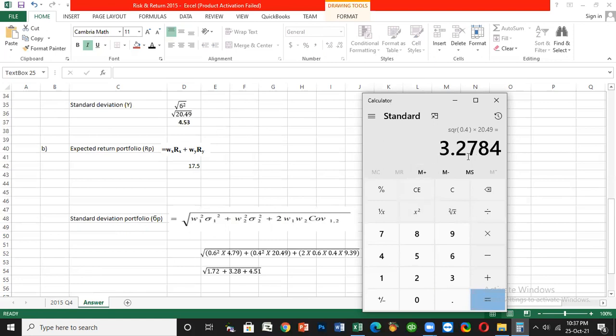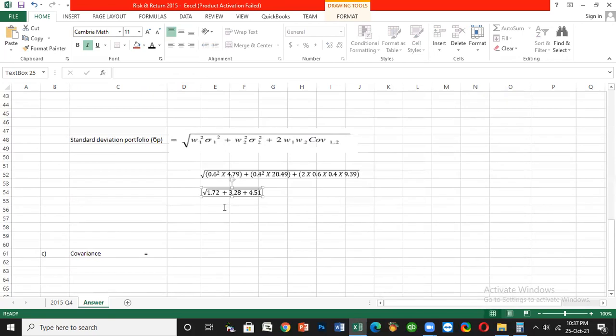So 3.28 plus, then 2 multiplied by 0.6 multiplied by 0.4 multiplied by 9.39. Then enter. Then 4.51.